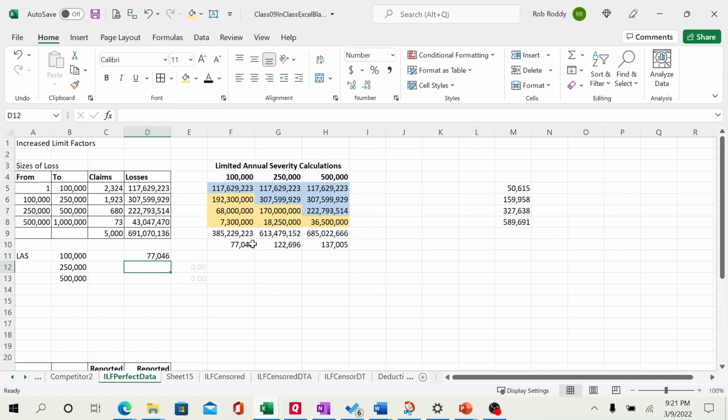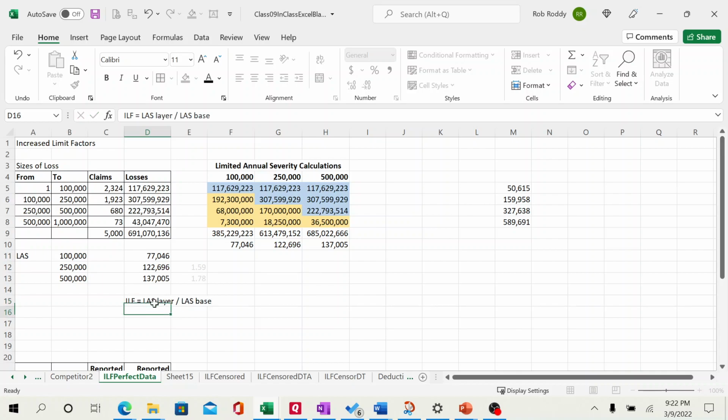Sorry, I copied them to the wrong cell. So your increased limit factor then is your LAS for the layer divided by LAS for the base, right?